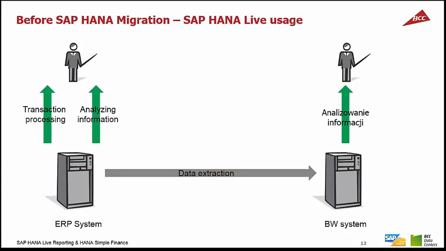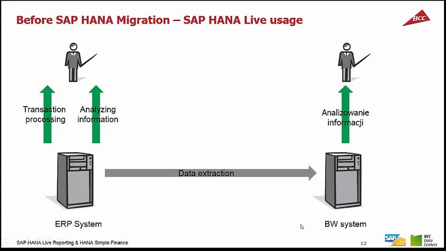And if this is the problem, we can use SAP HANA Live. SAP HANA Live is the solution to report directly from the Business Suite system, so ERP, CRM, or SCM system. Both operational data and strategic data can be reported this way.